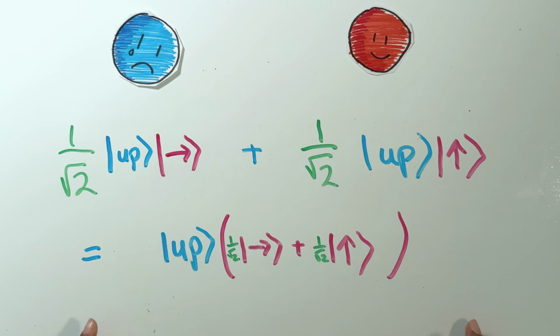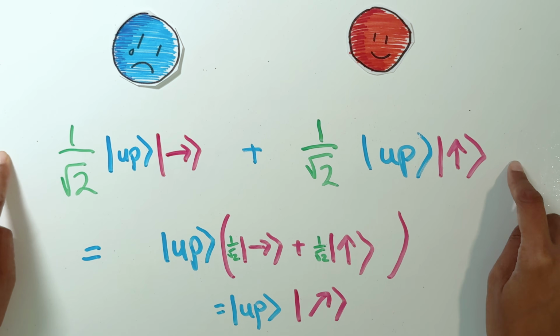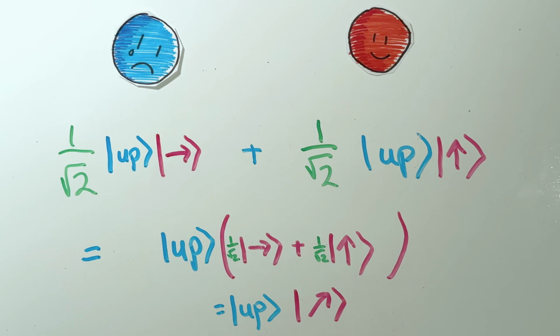And just to make it even neater, remember that this vector is the same as the 45-degree vector. So why don't we just replace this? And that there shows that this original state was not entangled. It was possible to write it as a state for the first particle and another state for the second particle. The two states are basically independent of each other.